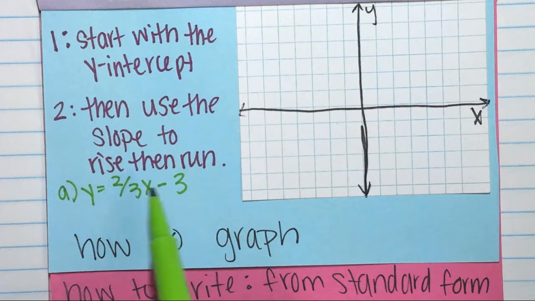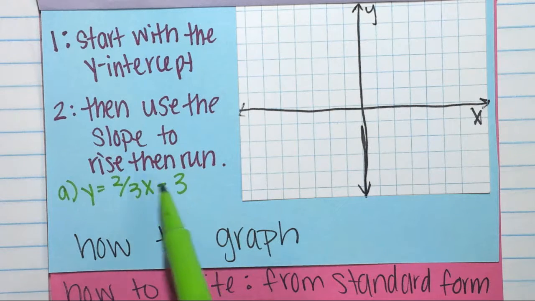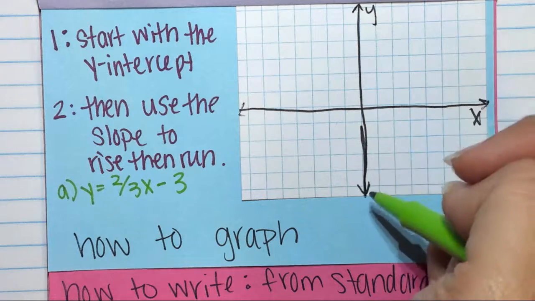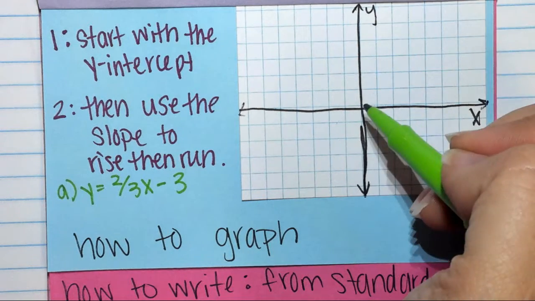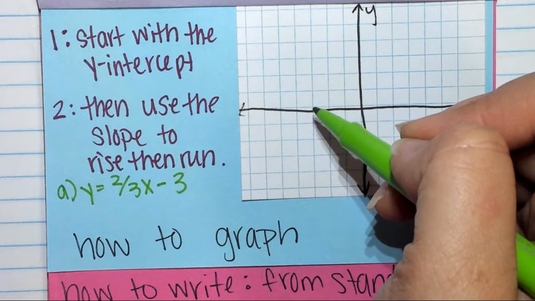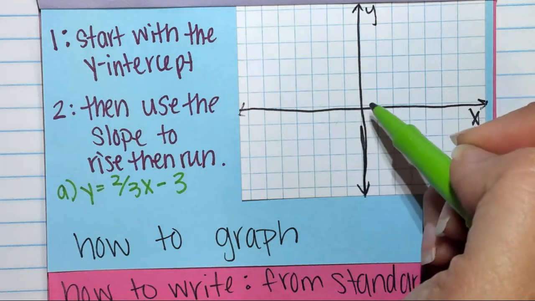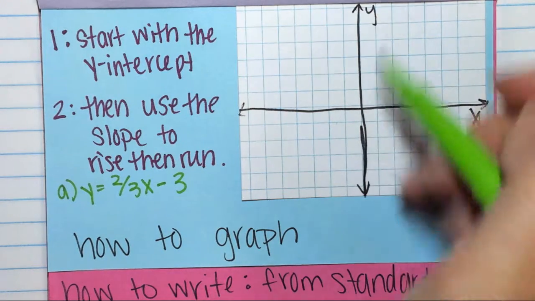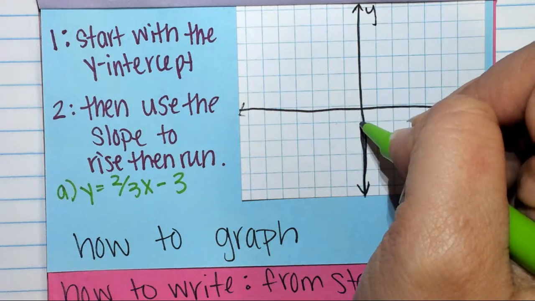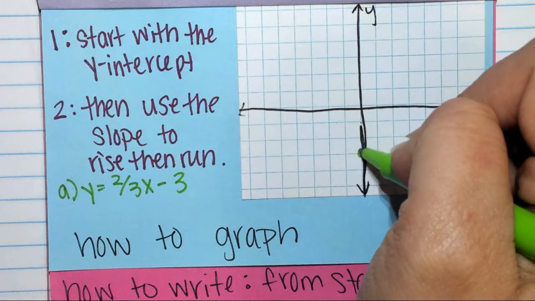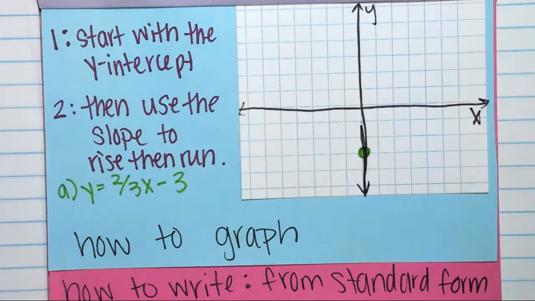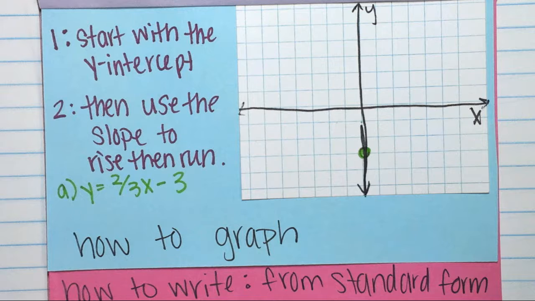Alright, which of these two numbers is our y-intercept? Is it negative 3 or 2/3? Negative 3. So do we go up 3 or down 3? Why would we not go left 3? Because it's the y-intercept, so it's on the y-axis. Good. Take a point. So you go down 1, 2, 3. Now, is your slope positive or negative?